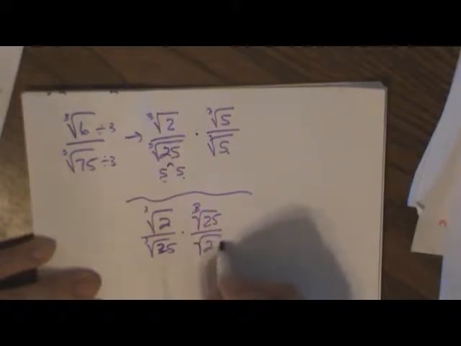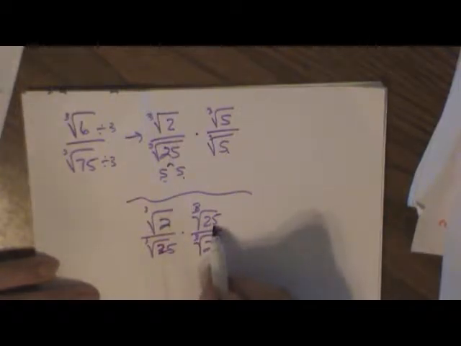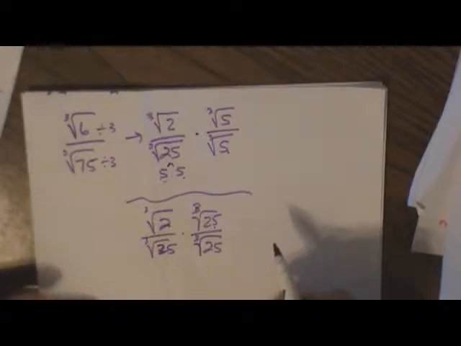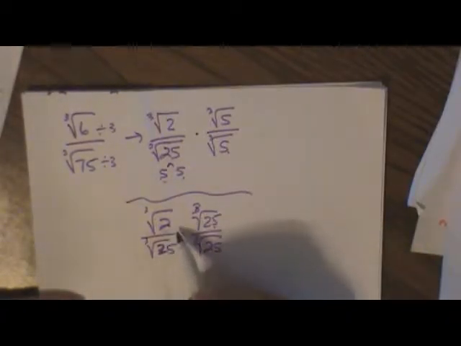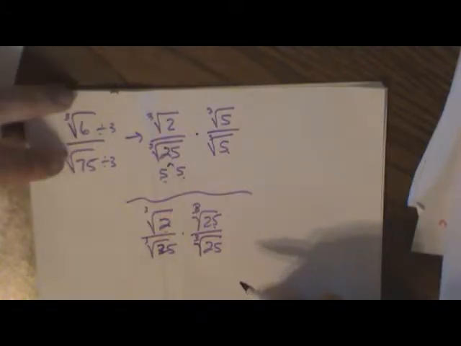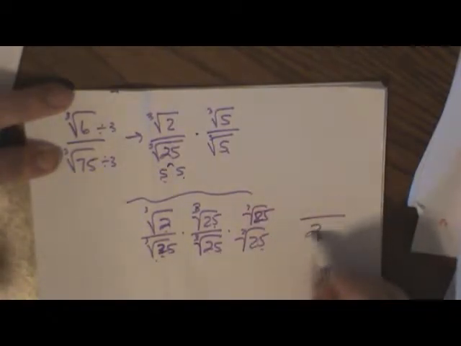So we get here, what would that be? We would have to multiply by 3 to get 25 on the bottom.